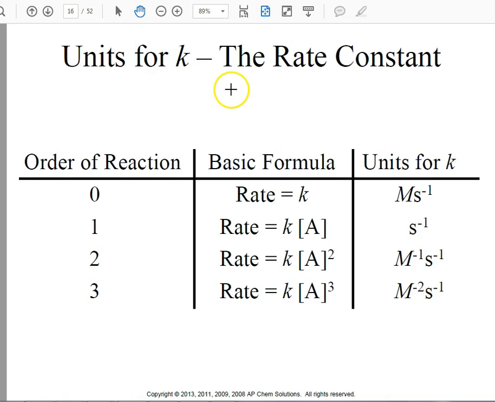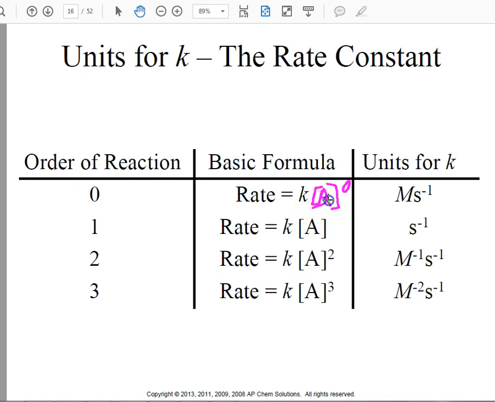Right? Now our rate constant K. So remember, our rate law is rate equals K, which is our rate constant, times our reactant, or reactants, raised to their order. So let's say the order is 0. So that would be rate equals K, your reactant, raised to the 0 order.